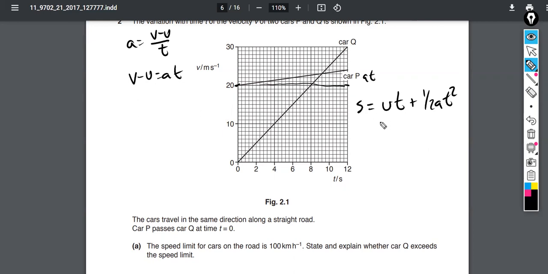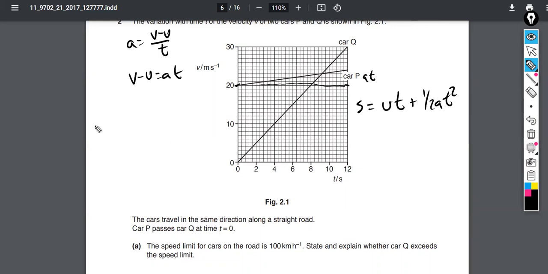So this is actually one of the big 4 equations of motion, and it just comes from taking the area underneath that curve. But it may be easier to just pull out the data, like the initial velocity was 20, the acceleration was 0.33, that we just calculated, rather than thinking about it like a geometry problem.